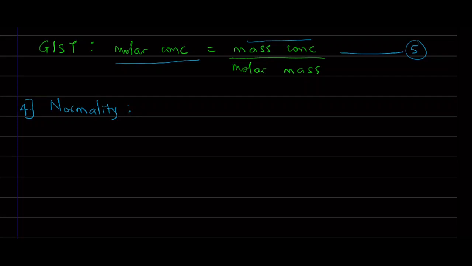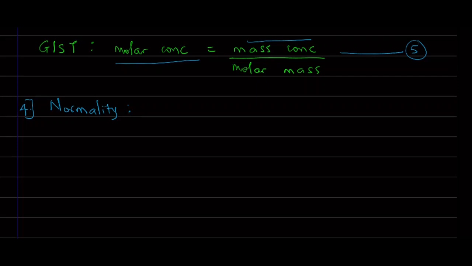In another way, we can say that normality of a solution is defined as the number of replaceable hydrogen ions from an acid or hydroxyl ions from an alkali multiplied by the molar concentration of the solution.